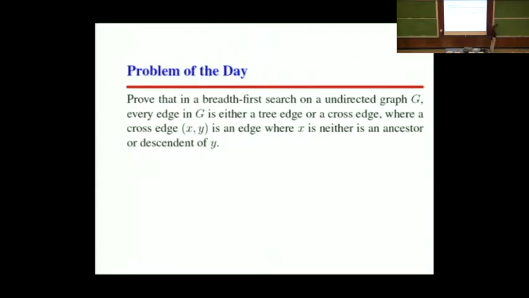Why couldn't there be an edge like this? Okay? Where these are the tree of discovery edges, but when we were exploring this vertex, one of the edges happened to go to this vertex, right? In this case, this is something that's not a tree edge, and yet it goes to an ancestor, it goes to a descendant.